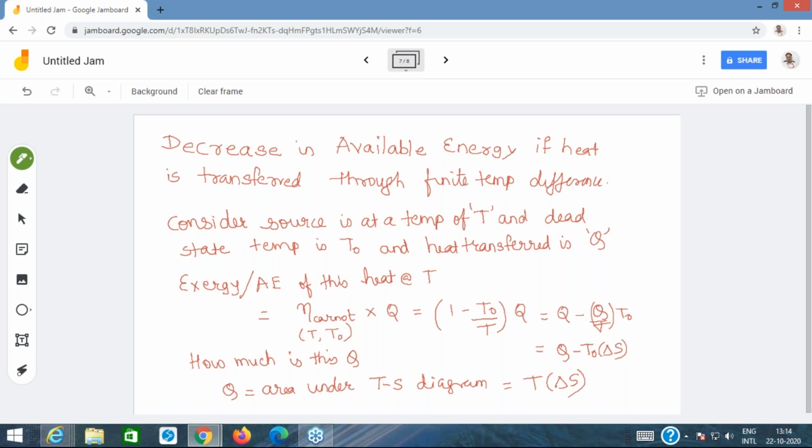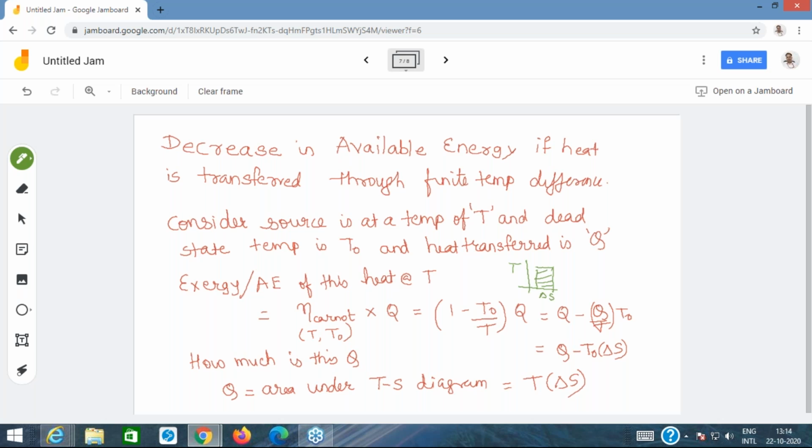When this heat is transferred from the source at temperature T, and the dead state temperature is T naught, then the heat transferred would be T into delta S. So the process can be represented like this. This is the heat transferred from the source. So T into delta S is the heat transfer from the source, right?